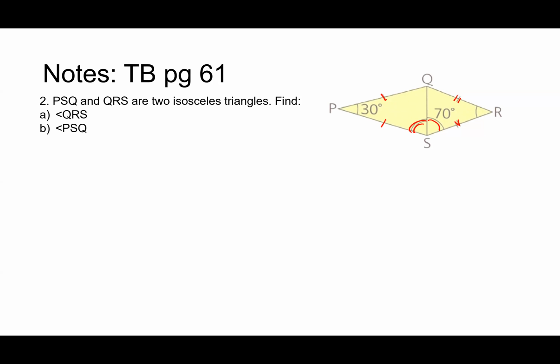Yeah, Anthony, how would you go about solving those? You don't know that. Are you saying this angle? I'm sorry, let me erase my lines here. Are you saying this angle right here is 70 degrees? Oh, you're talking about RQS.